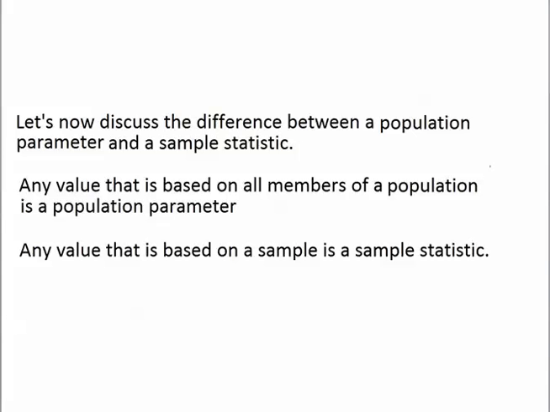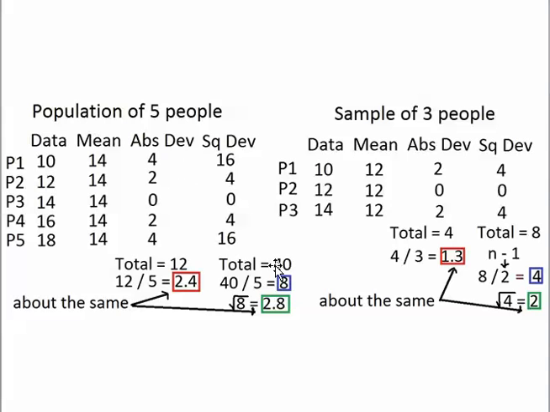The last point I wanted to make is that, well, first I was going to say that the reason why the variance comes out so much bigger than the other two values is because of the squaring. When you do the squaring, that raises the variance up to a bigger number.